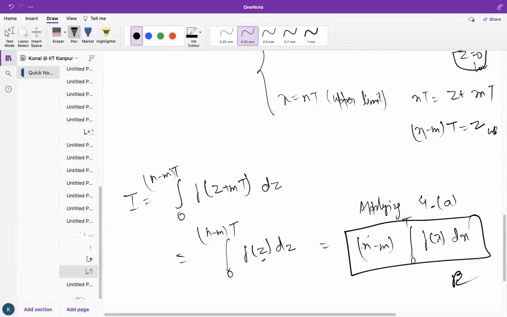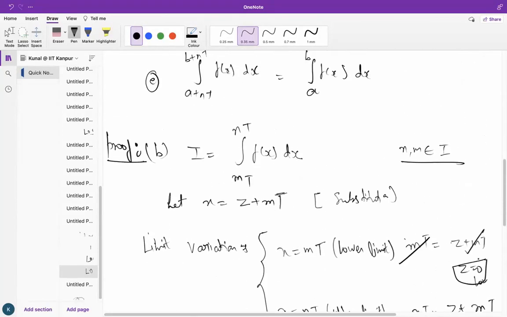Let me recap what I have done here. We have to prove that this part is equal to, let me write here, integrating from 0 to n minus m times t, f of x dx.